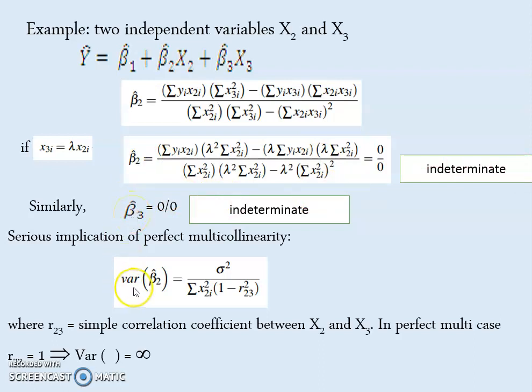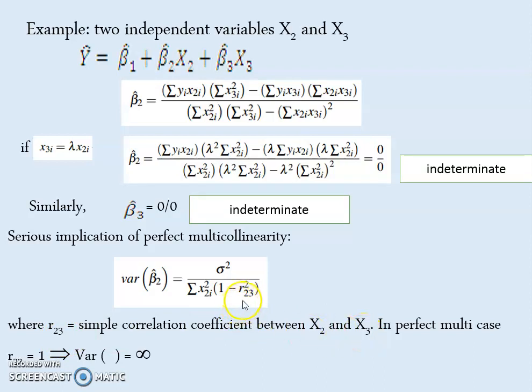And for the variance of beta 2 hat, this is the formula, whereby we have sigma squared over the summation of x2i squared times 1 minus r23 squared. If we have perfect multicollinearity between x2 and x3, then r23, the simple correlation coefficient between x2 and x3, will be 1.